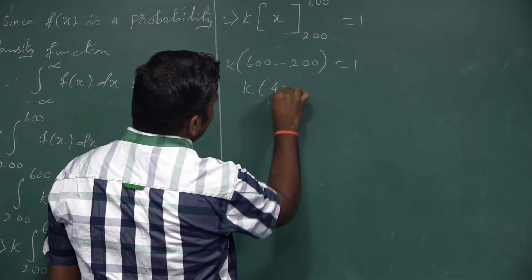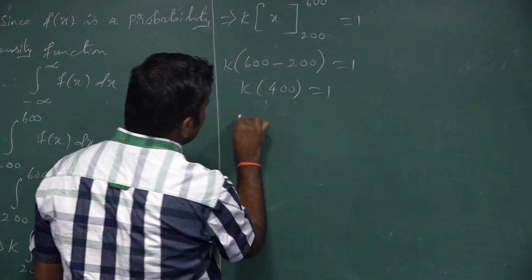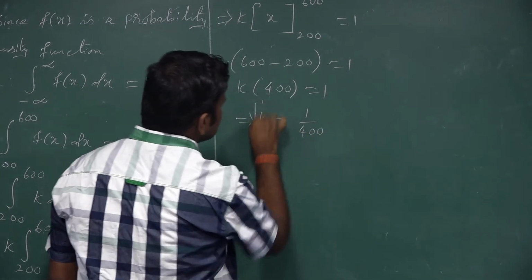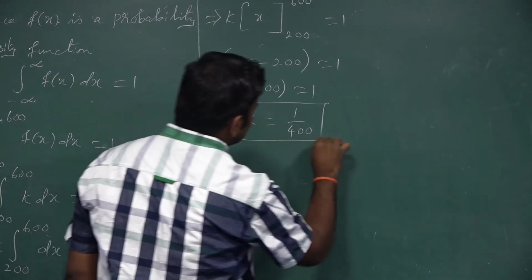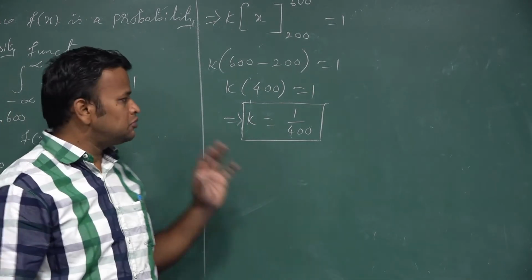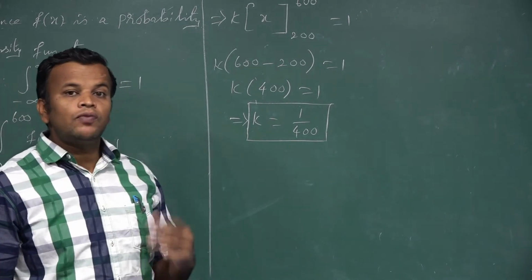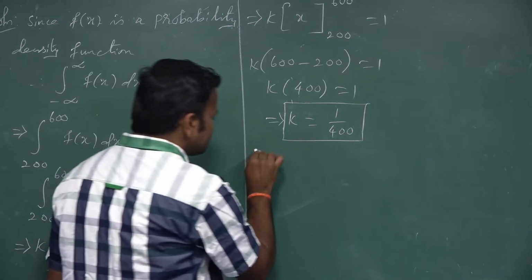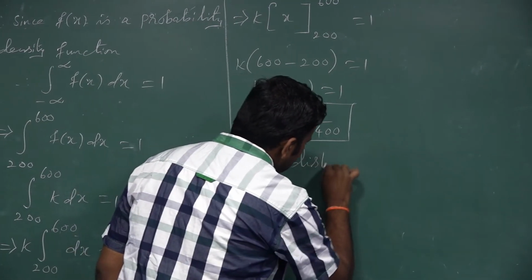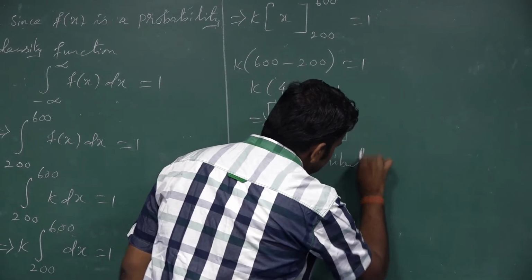So k of 400 is equal to 1. So the value of k is 1 by 400. The value of k is 1 by 400. So the first subdivision is over. Now to find the second subdivision, the distribution function.